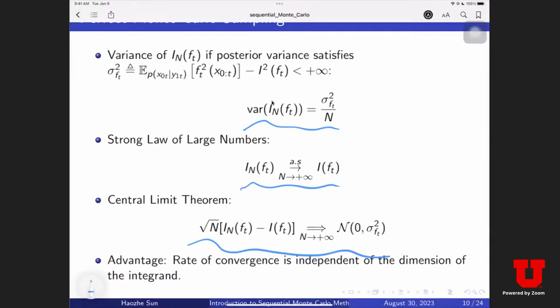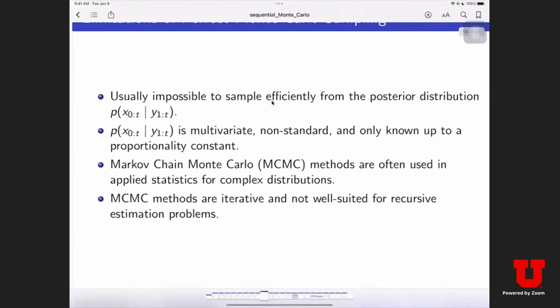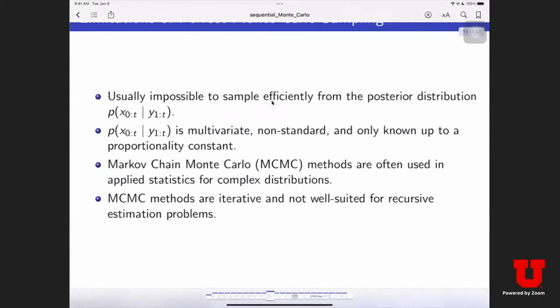Unfortunately, it is usually impossible to sample efficiently from the posterior distribution P at any time t. It is because P is usually non-standard and only known up to a proportionality constant.